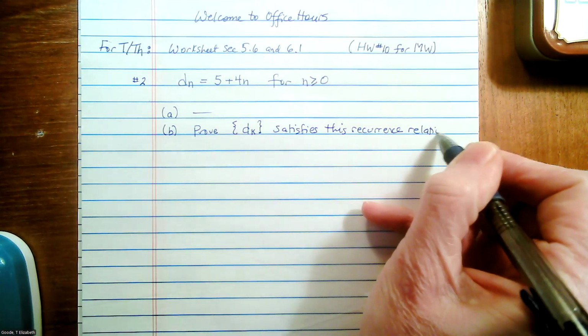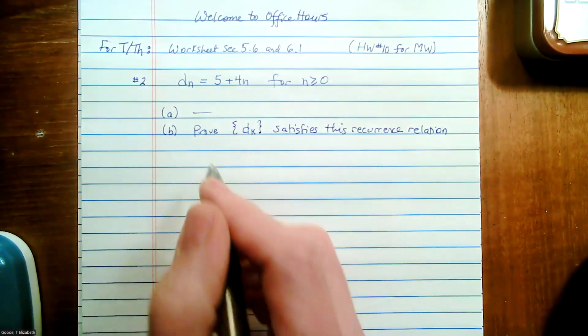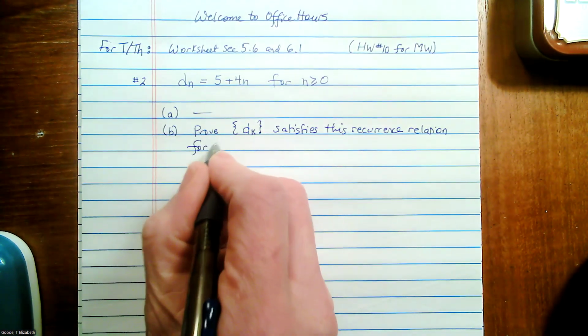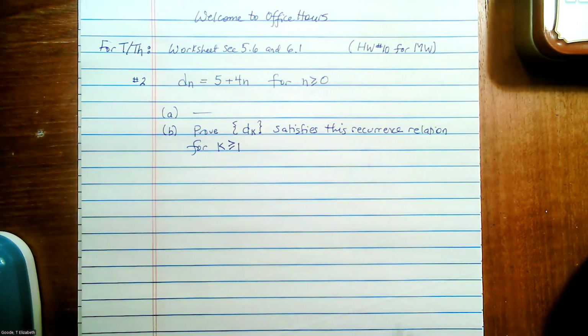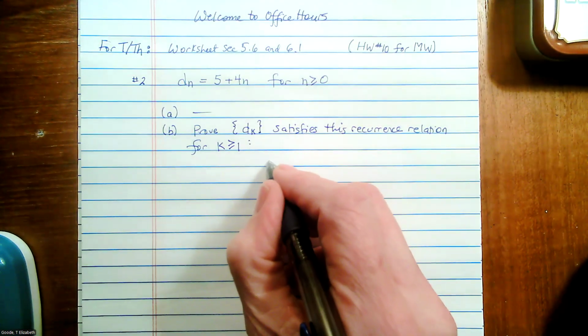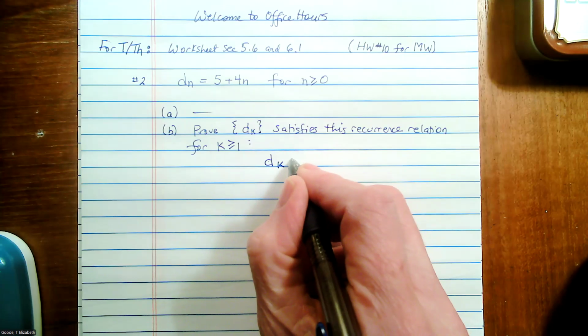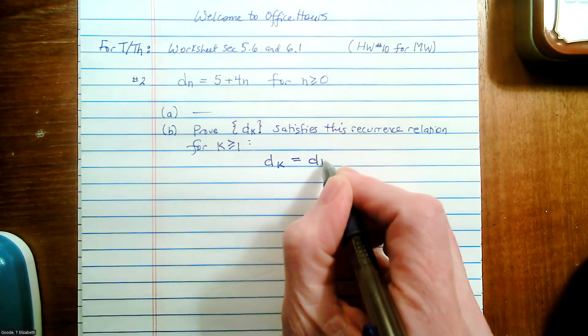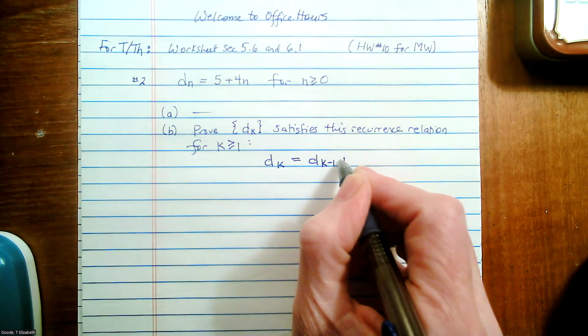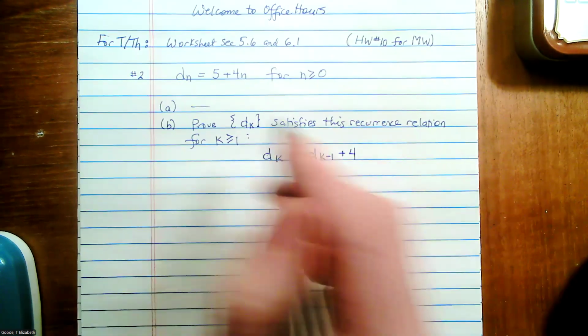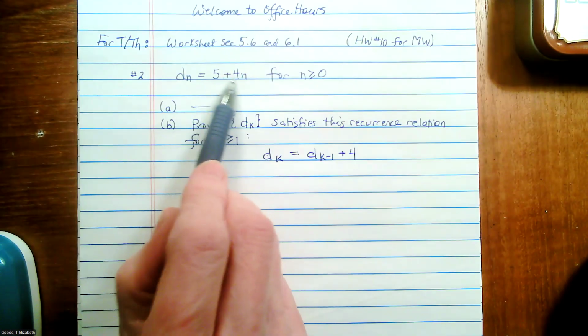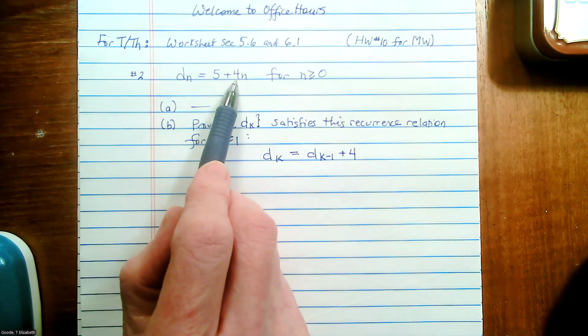It's interesting because the indexing for the recurrence relation is for k greater than or equal to 1. It says d sub k is going to be d sub k minus 1 plus 4. Well, we can see this is an arithmetic sequence with common difference 4, right?